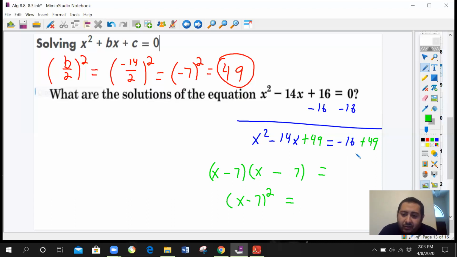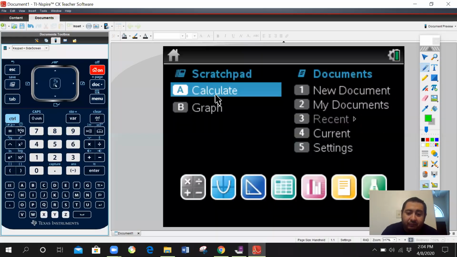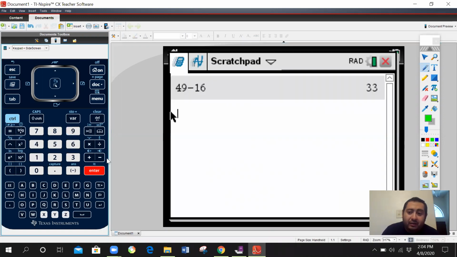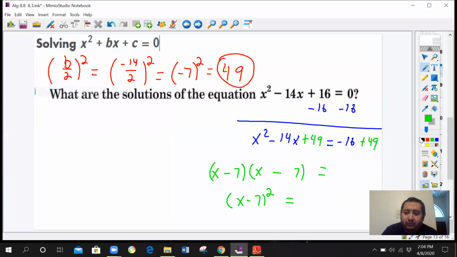This section now, 49 minus 16. Let's use our calculator. Let's have 49 minus 16 and we get 33. So we get 33 here.